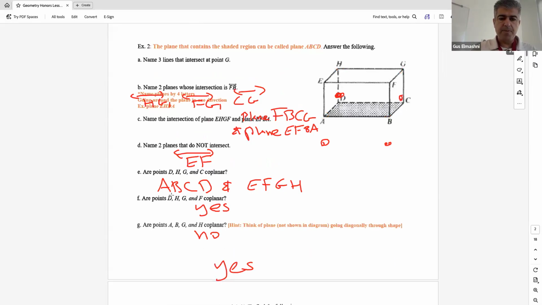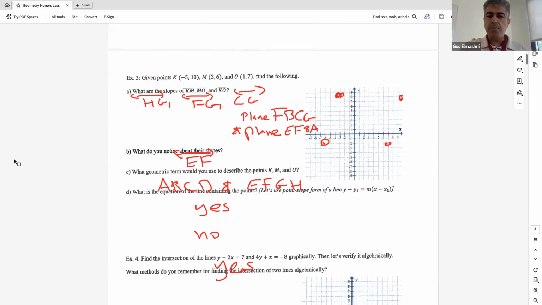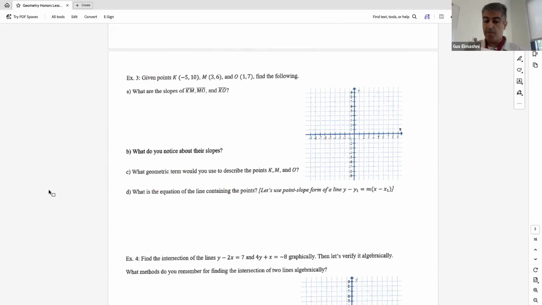All right, let's keep on moving. This stuff should be review, hopefully. Slopes. You guys know how to find slope? Rise over run? Okay. You did place in this class, and I know we asked on the placement test, so hopefully you're okay there. Go ahead and try to find the slopes of those three.